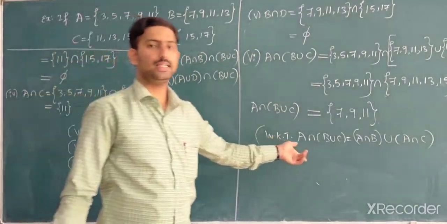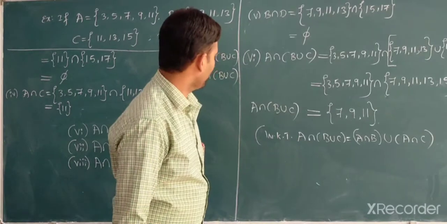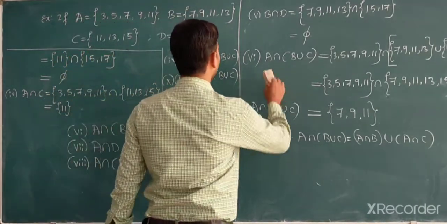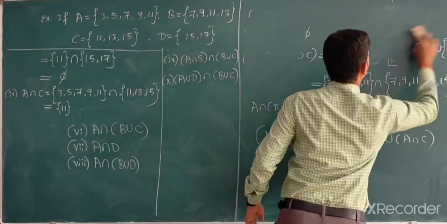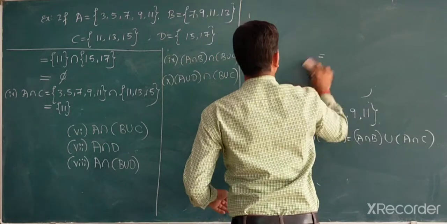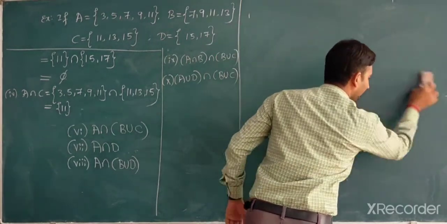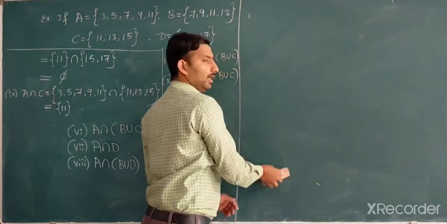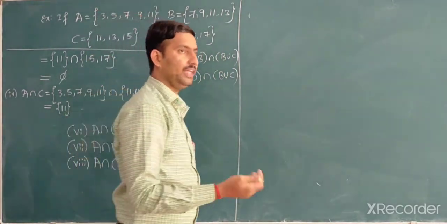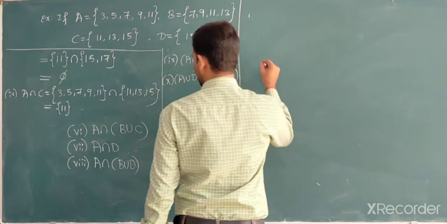It is nothing but the distributive law. That finishes the sixth one. I hope you have understood the tricks about intersection of sets, or finding the values of intersection of two sets.